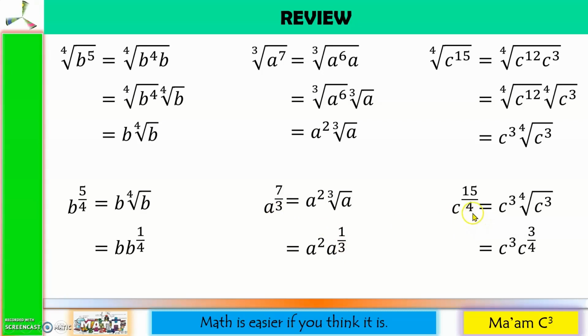How many 4s are there in 15? There are 3. So here it is, c cubed. Now, what is left? 3 times 4 is 12. 15 minus 12 is 3. Then copy over 4. We will be needing that skill later as we solve our examples.